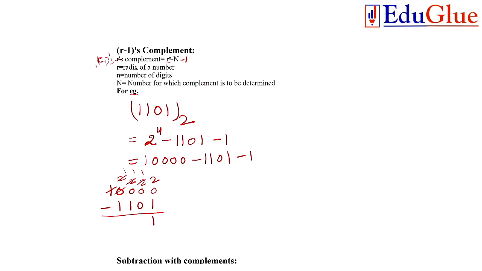Two minus 1 is 1. 1, 0, 0. Again we need to perform minus 1. So 0, 0, 1, 0. So the answer will be 0, 0, 1, 0 base 2. This will be the 1's complement.